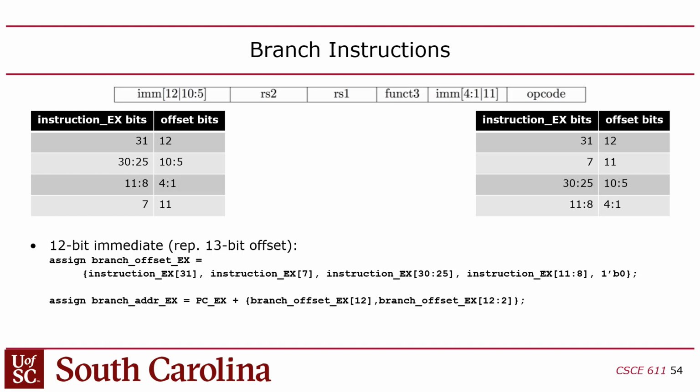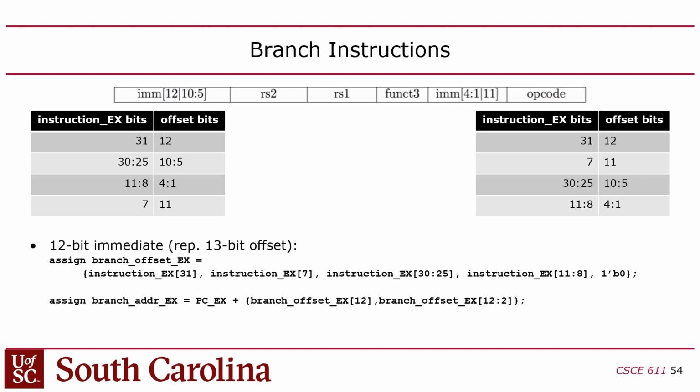It's 1 bit plus 10 down to 5, which is 6, so 7 bits. So it has a 7-bit immediate field, and then it has another immediate field down here by the opcode that's 5 bits. Does that make any sense?